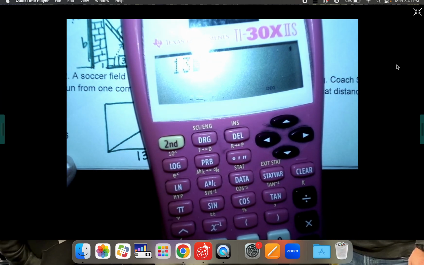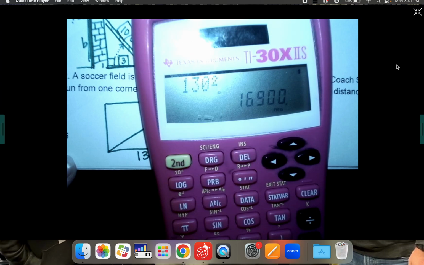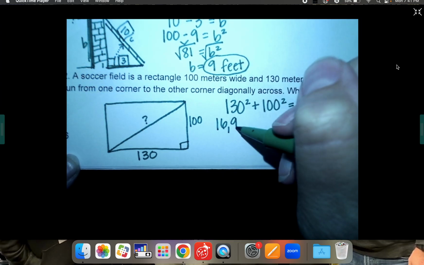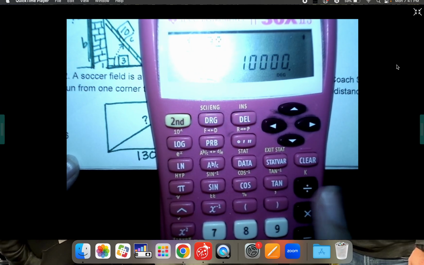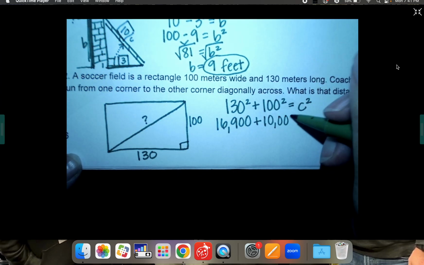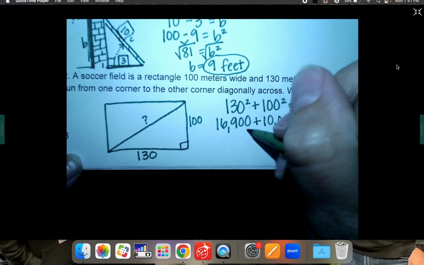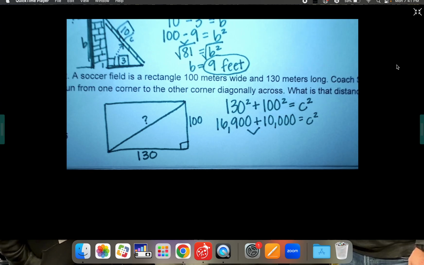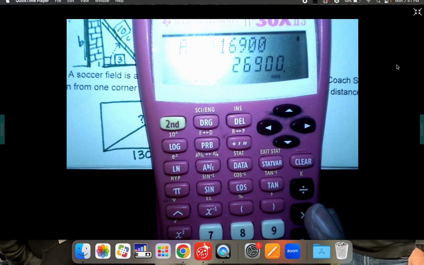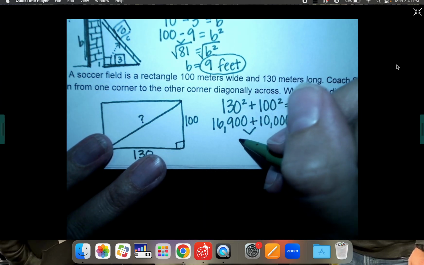130 squared is big. It's 16,900. 100 squared is 10,000. So when you add those two together, 16,900 and 10,000, you get 26,900.